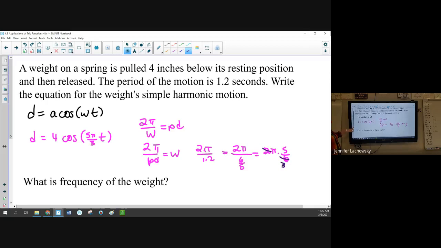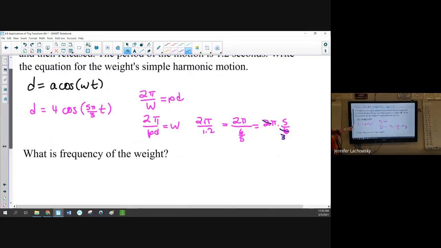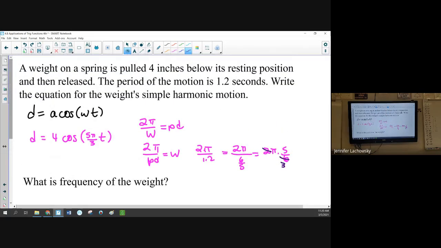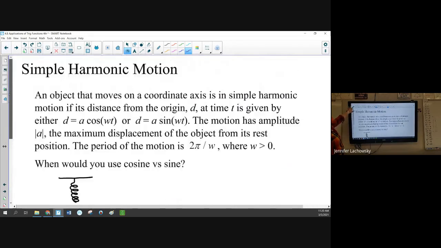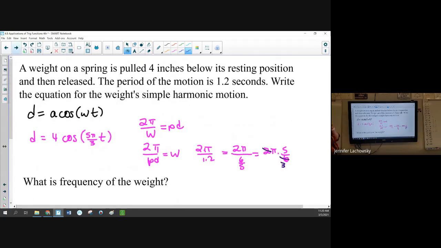What is the frequency of the weight? What do you mean by frequency? So frequency is, per time period, how much of the wave. So if we're saying the period is 1.2 seconds, let me make sure I say that correctly. Did I mention frequency on here? No, I did not.